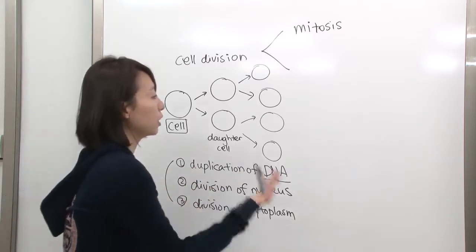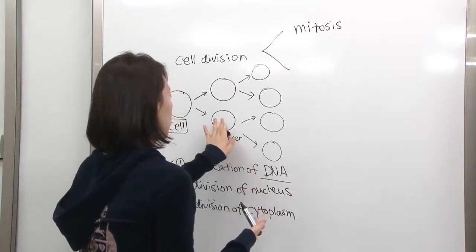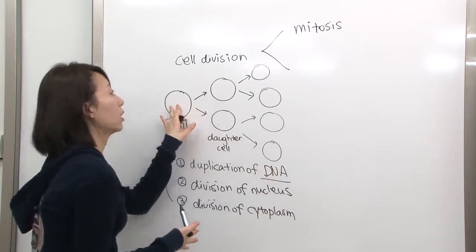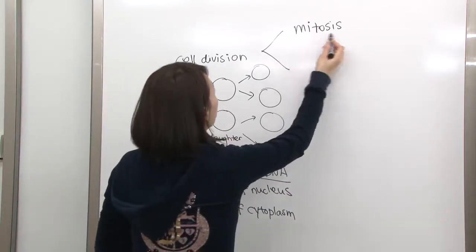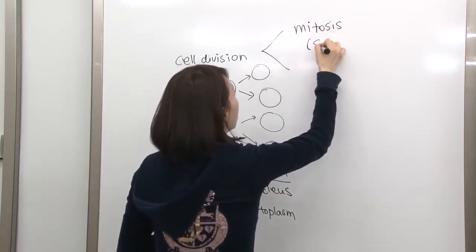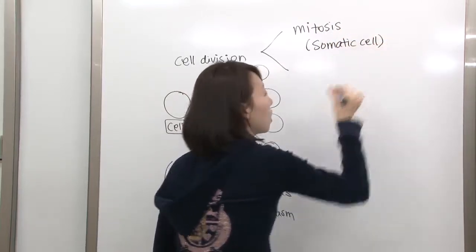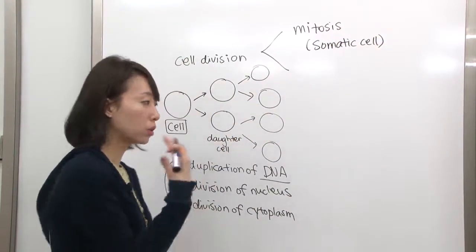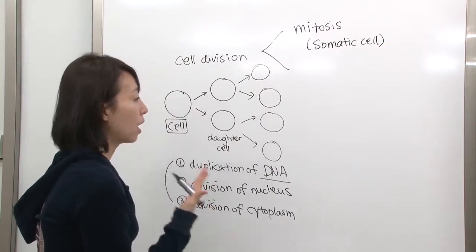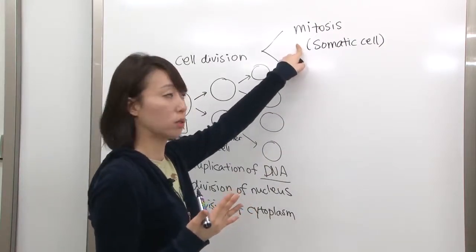In doing that, the exact same cell replaces the old cell, right? So they go through mitosis. This is for the somatic cell, which is the body cell in our body. So all the cells that are dividing go through the mitotic process.